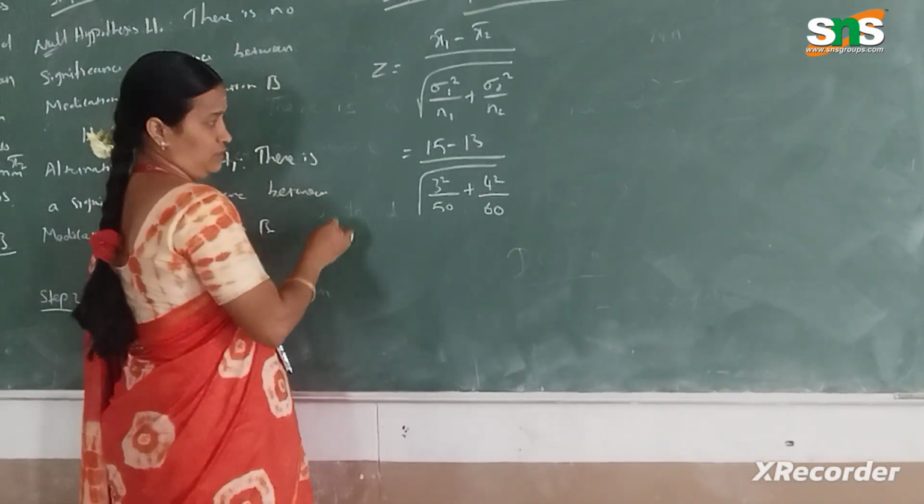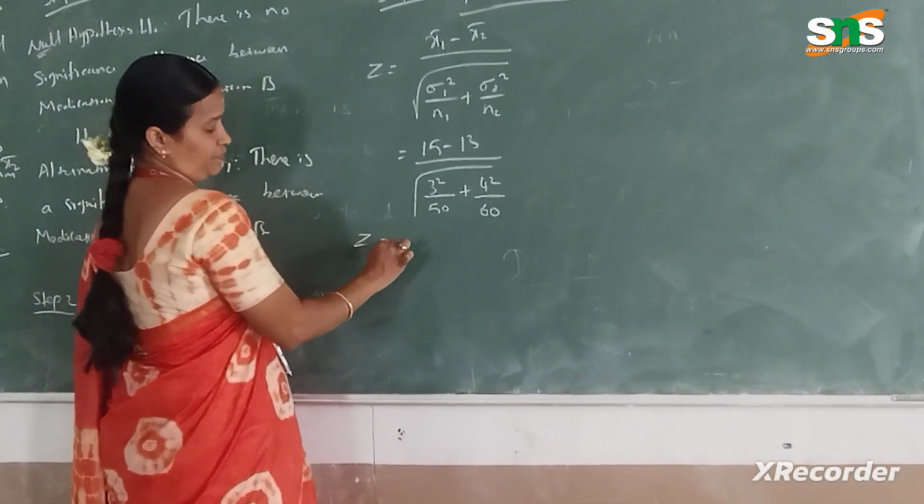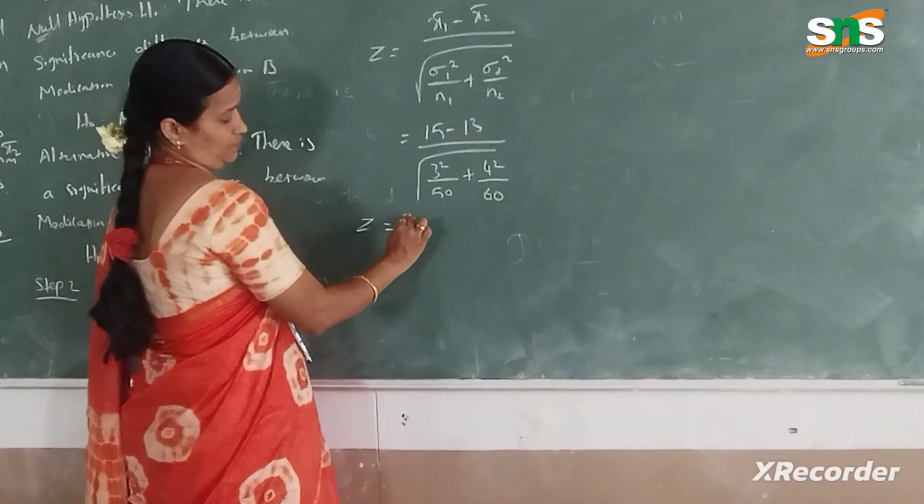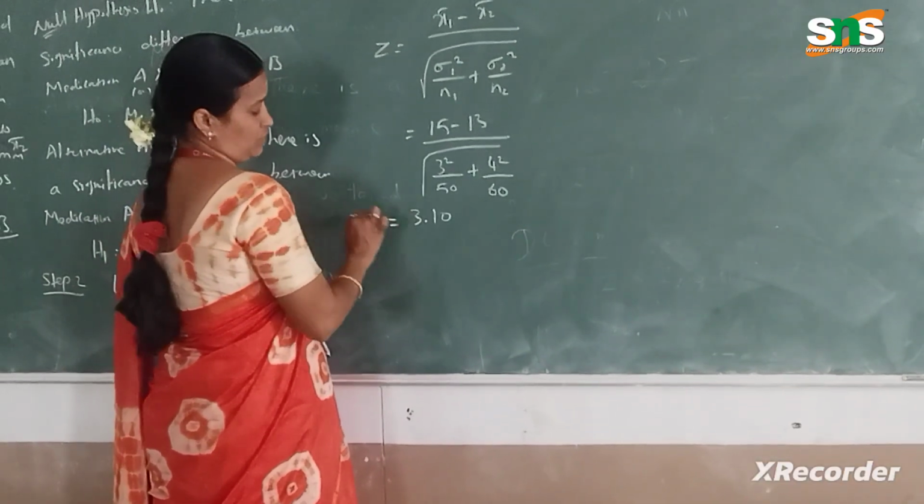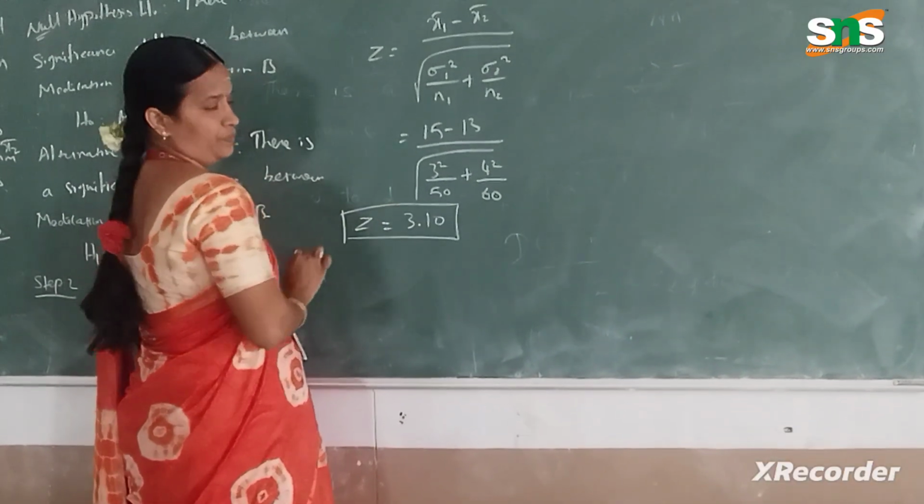Do all the calculation and you will get 3.10. So this is your calculated value.